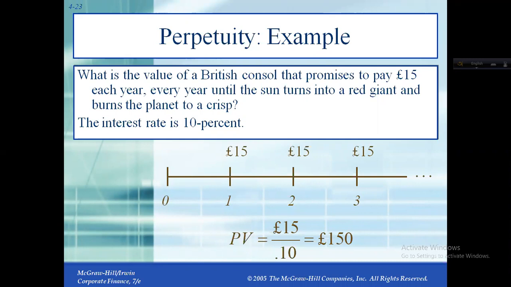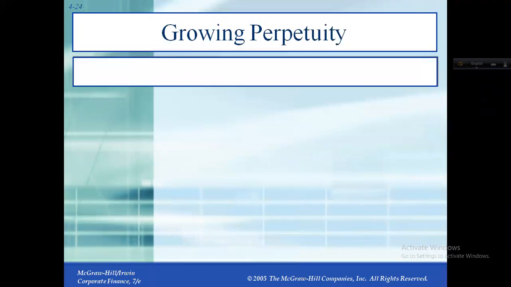So what is the present value? Present value equal to C divided by r. Here C is the coupon, which is fixed, which is 15 pounds, and r, the interest rate, is 10%, so 0.10. So we have gotten the present value of 150 pounds.